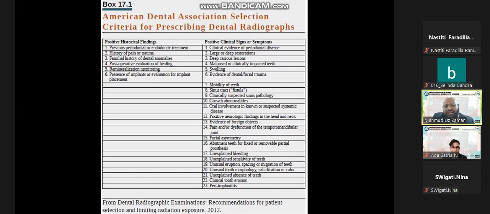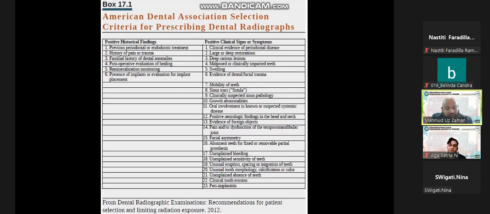These are the positive historical findings, and there are clinical signs and symptoms when you should go for radiographs: periodontal disease, which is most common, carious lesions, deep carious lesions, restorations, clinically malposed or impacted teeth, swelling, trauma, mobility, sinus, growth abnormalities, systemic diseases and neurological findings.